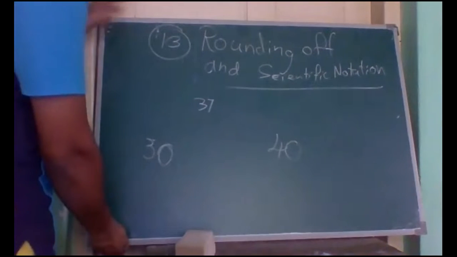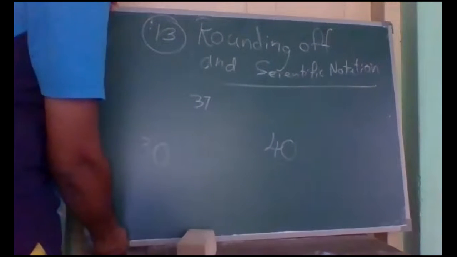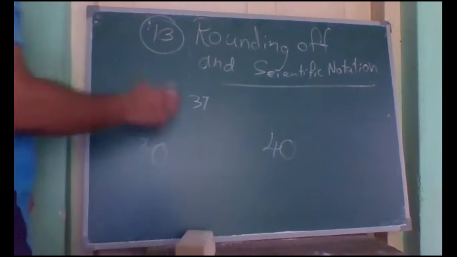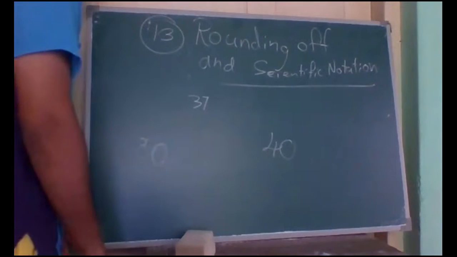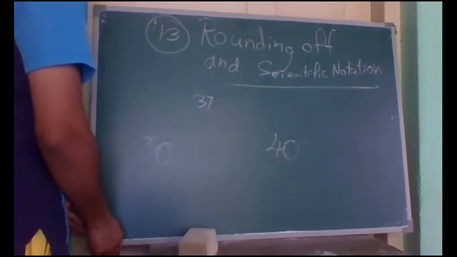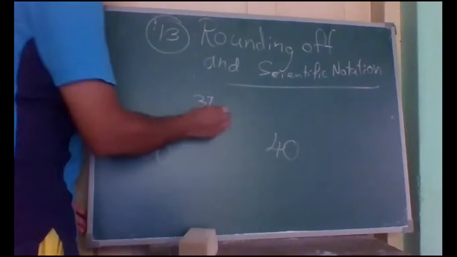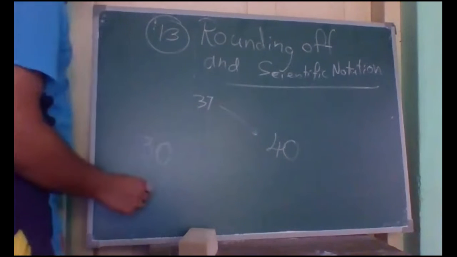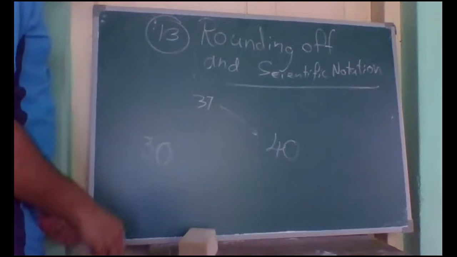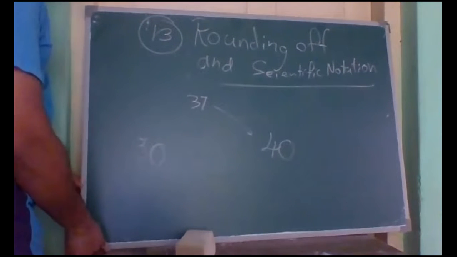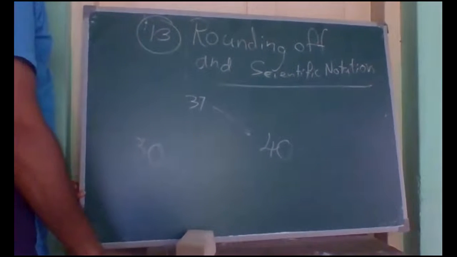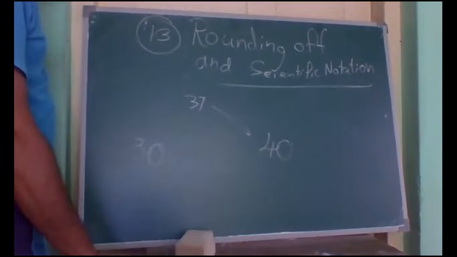What is the nearest number? 37, 40. Nearest is 40. Likewise, we have discussed, no? So that type of thing we are discussing in rounding off. Understand? Rounding off.